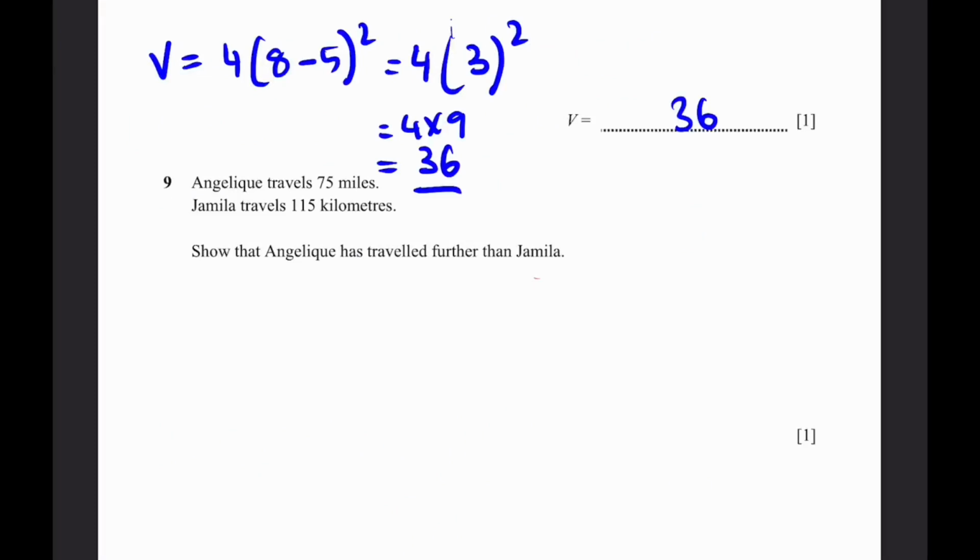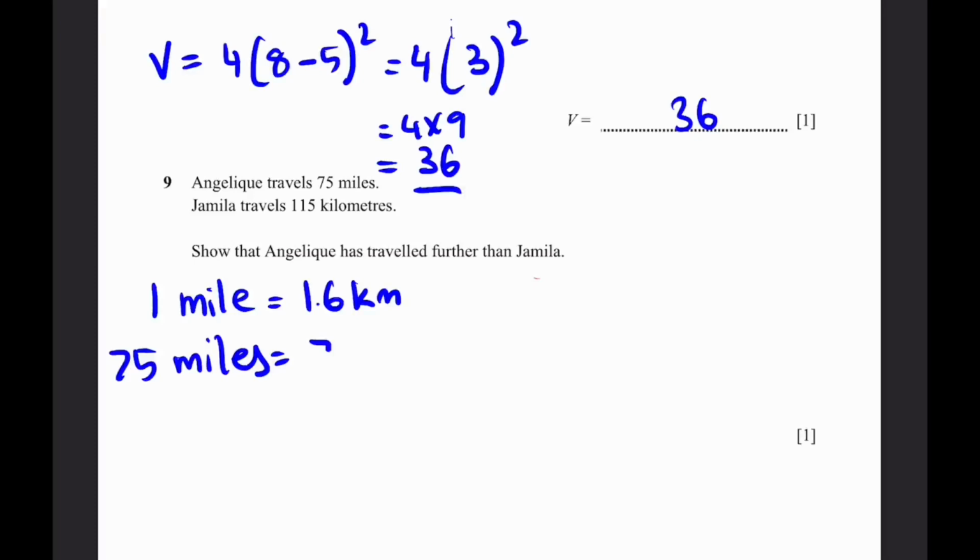Question 9. Angelique travels 75 miles. Jamila travels 115 kilometers. Show that Angelique has traveled further than Jamila. We already know that 1 mile equals 1.6 kilometers. So 75 miles equals 75 multiplied by 1.6 kilometers, which is equal to 120 kilometers.